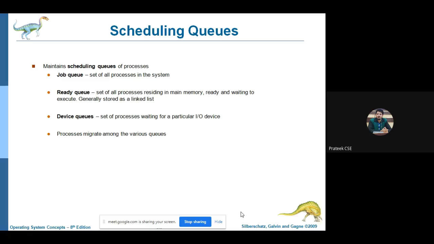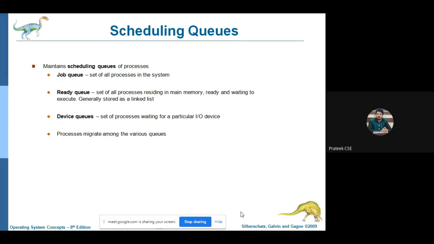And the last type of queue is the device queue, and this particular queue consists of all the processes which are waiting for a particular input output device. So these are the different types of queues, and generally a process migrates among these various queues. Initially, if the process is in the hard disk, that means it is in the new state, and we can say that the process is in the job queue.